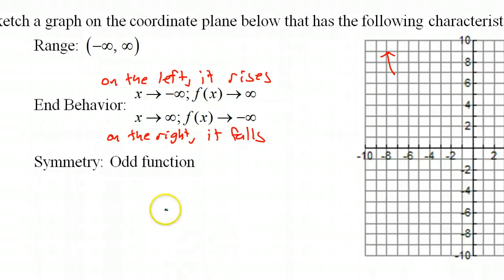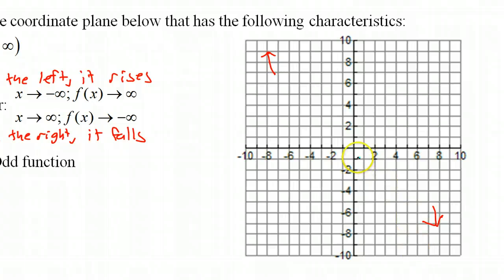What else? It needs to be an odd function. Well, we just talked about that. It needs to have rotational symmetry around the origin, so that if we spun the graph around, it would look the same.